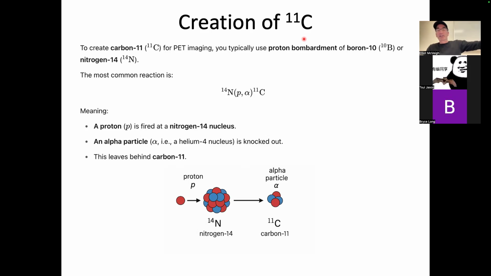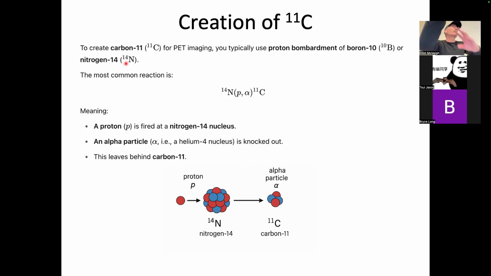And oftentimes it's used to produce acetate, which is in the Krebs cycle of the metabolic activity of cells, right? And so the acetate just goes in and it has the carbon-11 on it. What happens is you have a proton beam and you hit a target gas, and it's either boron-11 gas or nitrogen-14 gas, right?